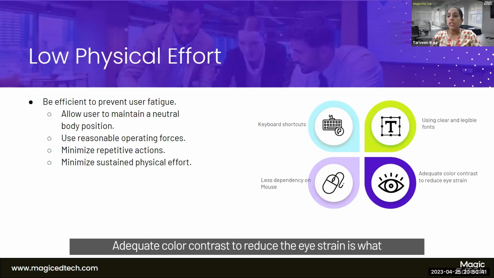Adequate color contrast to reduce eye strain is what you need to ensure, and please ensure it is easy to navigate and traverse. That's the key motive of low physical effort. And we shouldn't have repetitive actions to reach a place where you want the user to move. So be consistent, be concise, and very clear in anything that you design or develop.